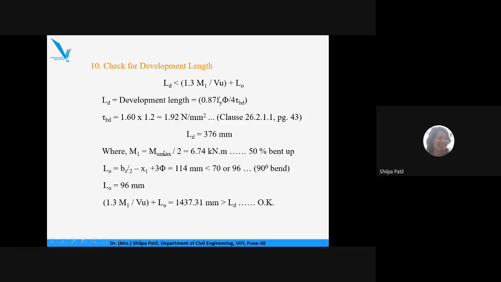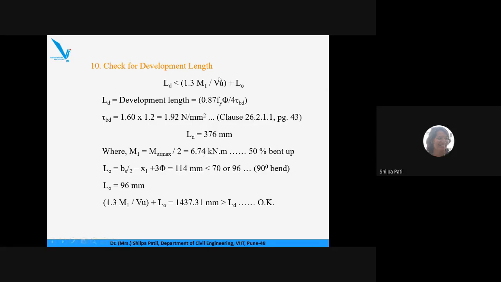That's why the M1 value is considered as MUR max by 2. So that value is 6.73. MUR max value was 13 point something, right? 13.52. 13.52 divided by 2, we are getting 6.74 as the available moment resisting capacity near the support.